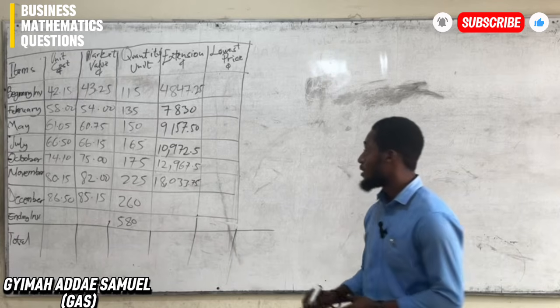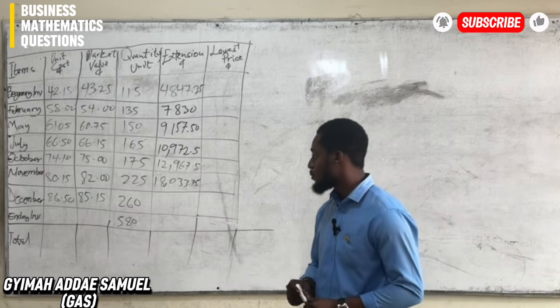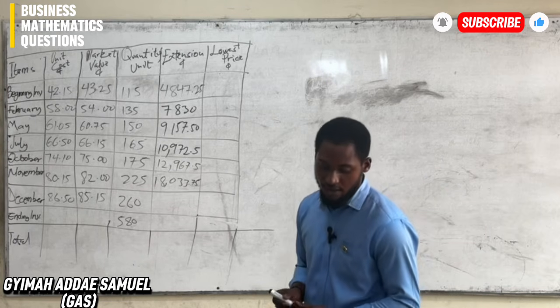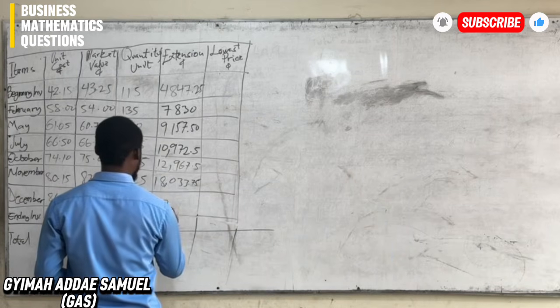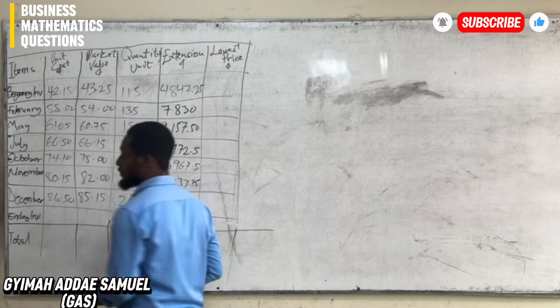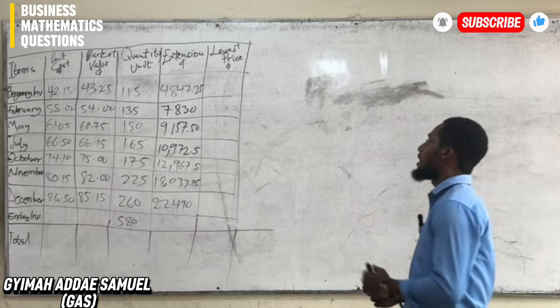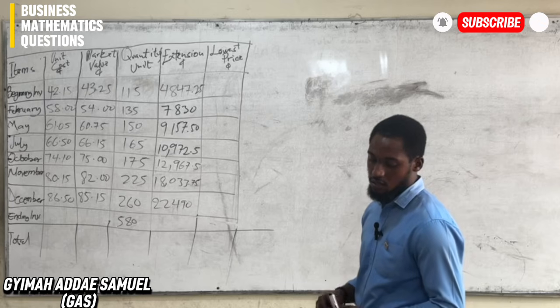And now we multiply 86.50 by 260, and we get 22,490. So this is how we had our extension, by multiplying our unit cost by our quantity unit.